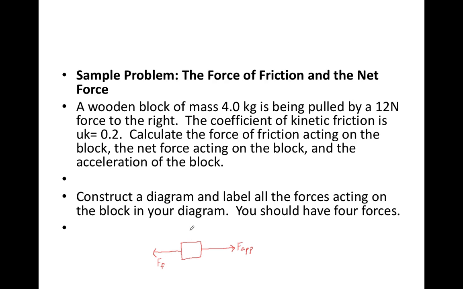Okay, you also have Fn, and you have Fg. Now notice that the F applied is slightly greater than F friction, because in this case the block is accelerating to the right, and so your F applied is going to be slightly greater than F friction.